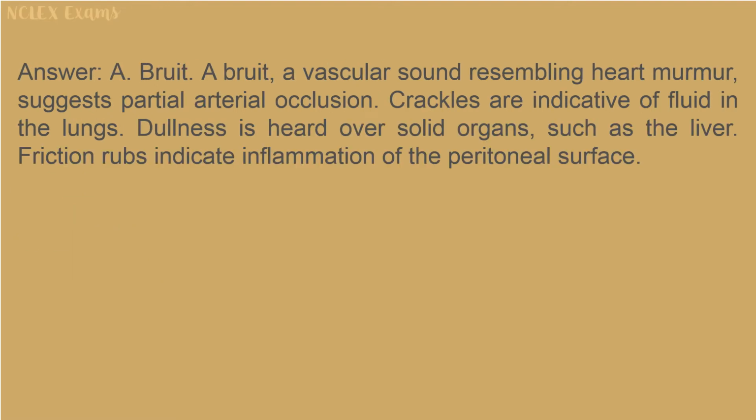Answer: A. Bruit. A bruit, a vascular sound resembling a heart murmur, suggests partial arterial occlusion. Crackles are indicative of fluid in the lungs. Dullness is heard over solid organs, such as the liver. Friction rubs indicate inflammation of the peritoneal surface.